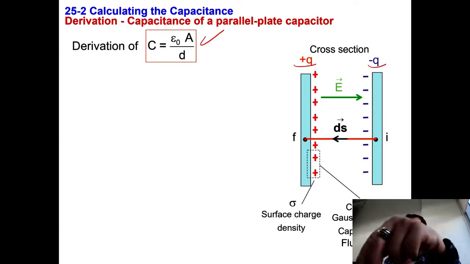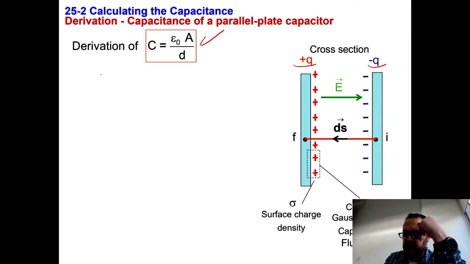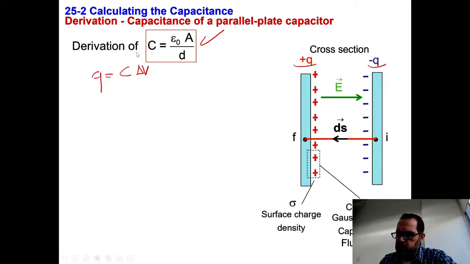Remember, for capacitance, the governing equation is that Q is equal to C delta V. And we have seen in chapter 24 that delta V is minus the integral of E dotted with ds. So this is C times minus the integral of E dotted with ds. Notice here the electric field E and the vector ds are 180 degrees apart.